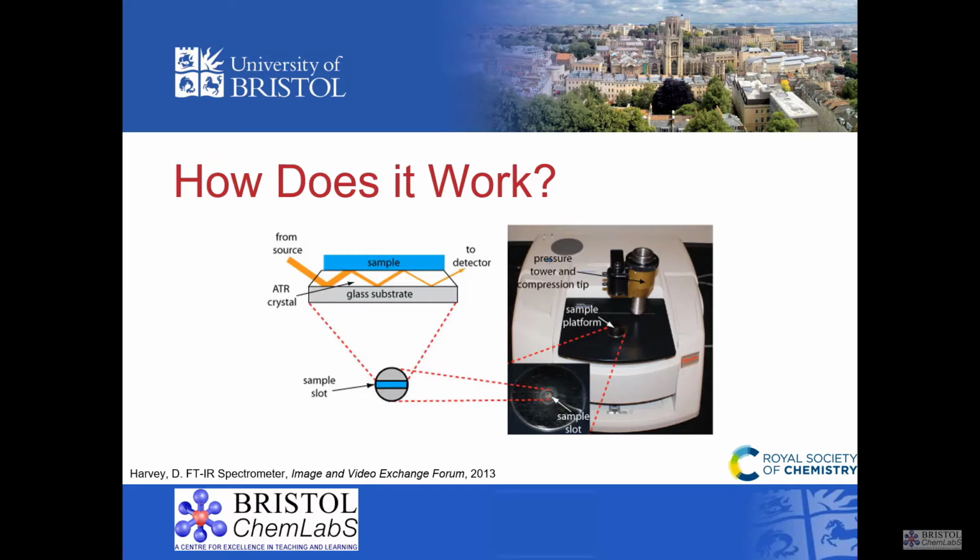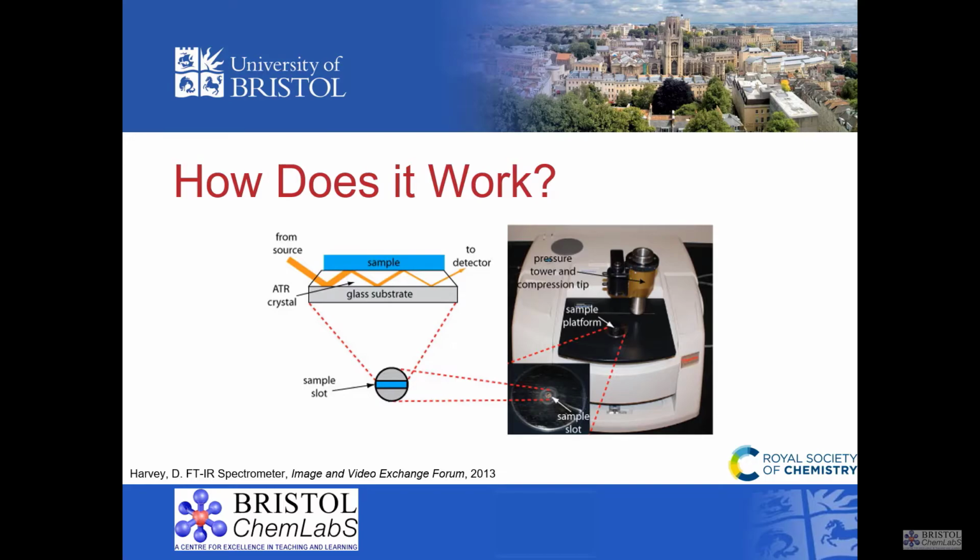A beam of infrared light is passed through an ATR crystal, such as diamond, in such a way that it reflects at least once off the internal surface in contact with the sample. This forms an evanescent wave, which extends into the sample. As it exits the crystal, the beam is then collected by a detector before the signal is Fourier transformed to give a spectrum.